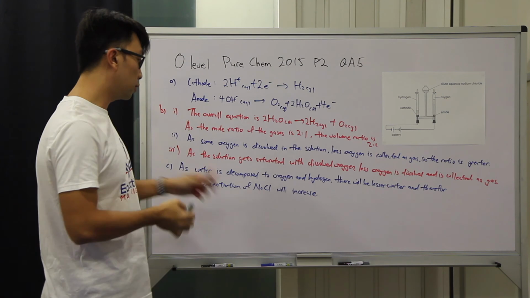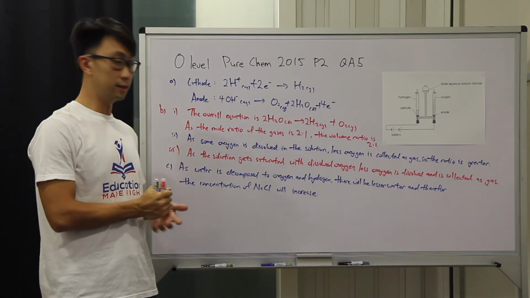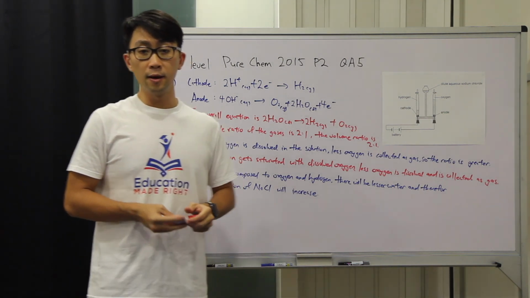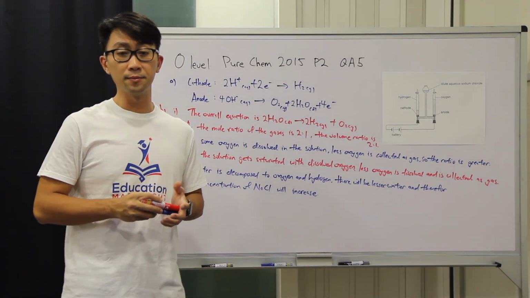So less water, more NaCl present per unit volume, therefore the concentration will increase. Alright, so now let's look at part D.